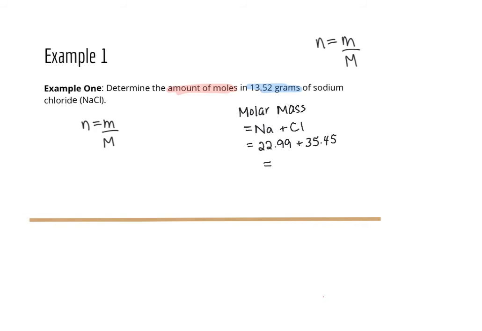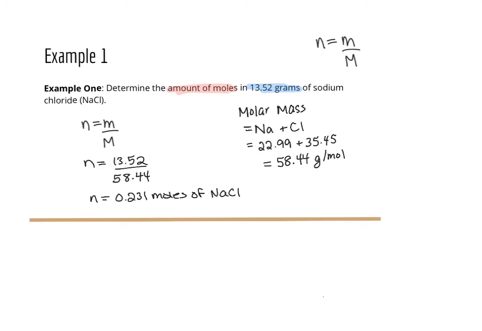And that gives us 58.44 grams per mole. So over here, we're going to write 13.52 divided by 58.44. Our moles should equal 0.231 moles of sodium chloride.